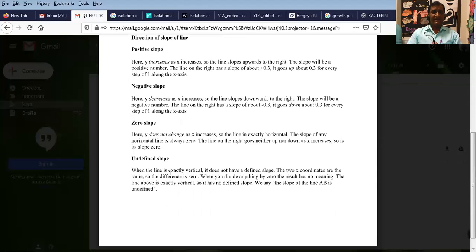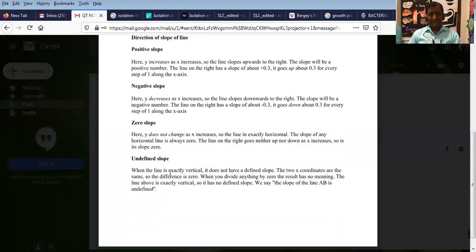Zero slope. Y does not change as x increases. That means the change in y is constant, whether x increases or decreases. There is no change in the y-axis. That is called zero slope.